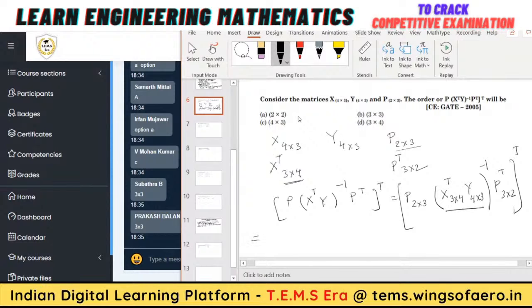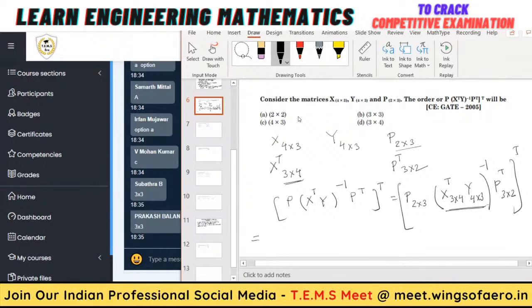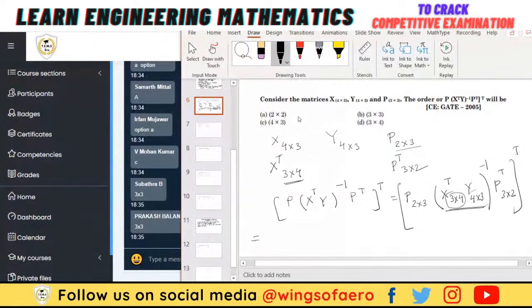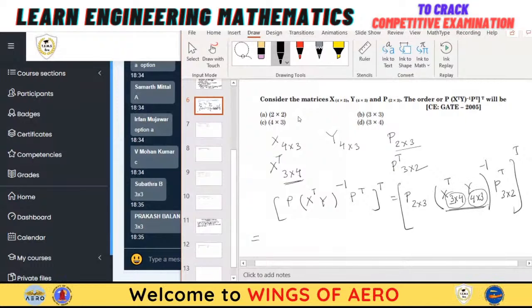Now look at this one. First start with the brackets, the innermost brackets we have. X transpose and Y are two matrices multiplied with each other. X transpose dimension is 3 cross 4 and Y dimension is 4 cross 3. So what will be the dimension of it? 3 cross 3, obviously 3 cross 3.